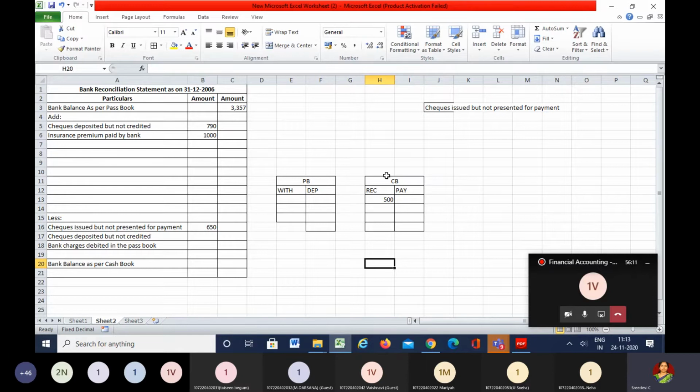Okay. So when the check is deposited in the bank, the cash book balance is more and the passbook balance is less, right? As you are trying to find the cash book balance here, we need to add. So again, add 500.